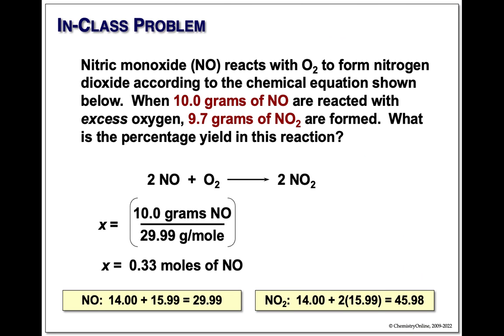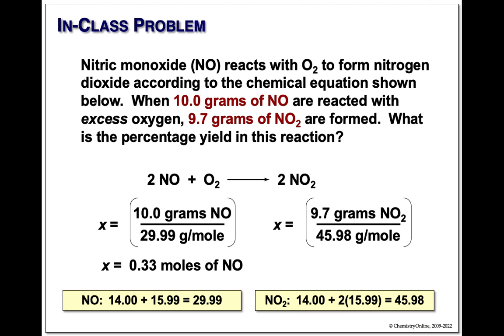Over here we get 9.7 grams of NO2. It's 46. Mass divided by molar mass is moles. What is that? 0.21. So we expected 0.33, we get 0.21.